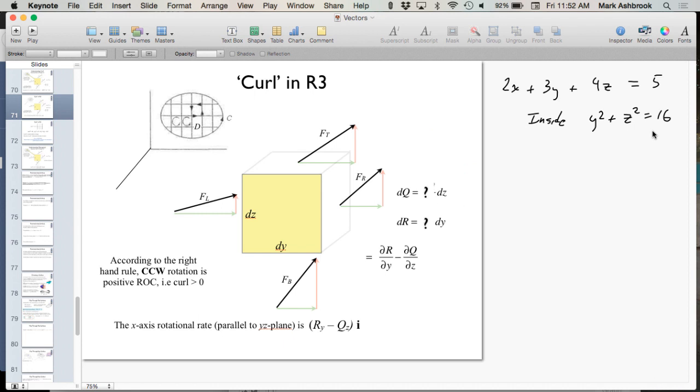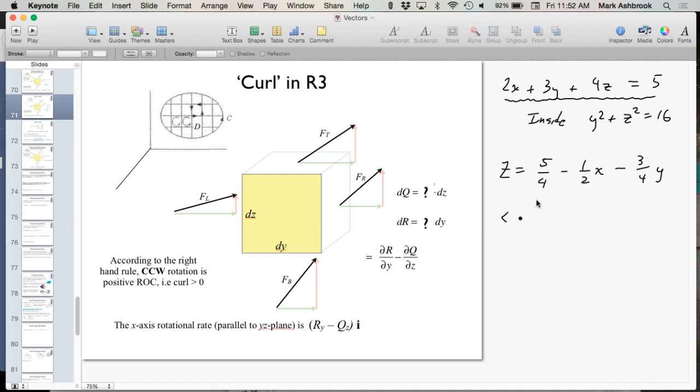So really what you've got to think about here is that the points are on the plane, so we want to parameterize. How would you parameterize a plane? The easiest way is to set x equals something, or just solve for z. So z is going to be 5/4 minus a half x minus 3/4 y.